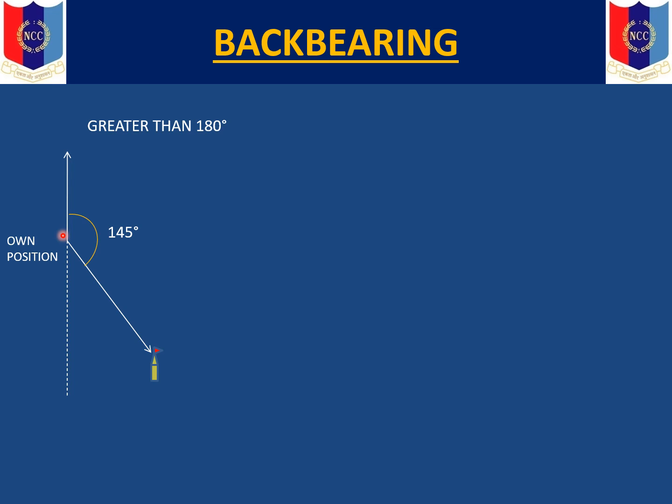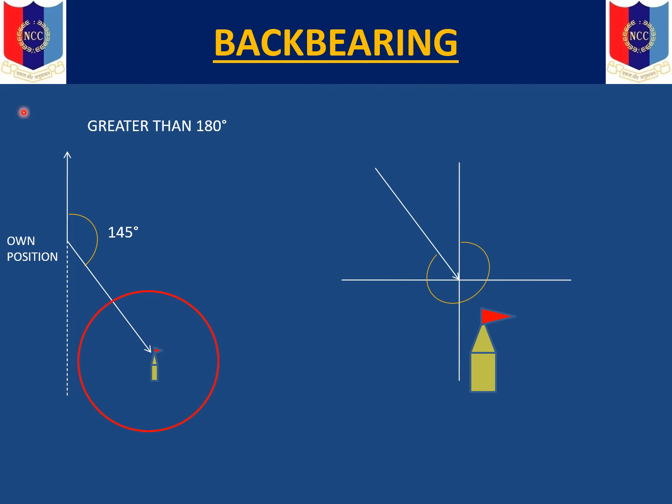Or else, while being here, if you are required to find out what is the back bearing, then there are certain rules. We'll see what those rules are. Now here in this case, the fore bearing, or the magnetic bearing which you have taken at this position, is 145 degrees.